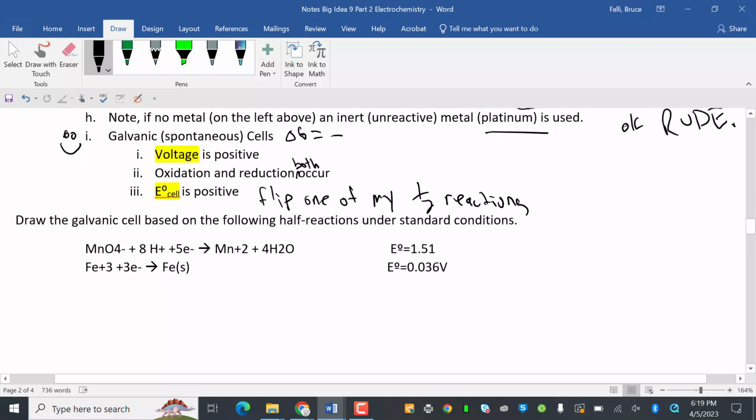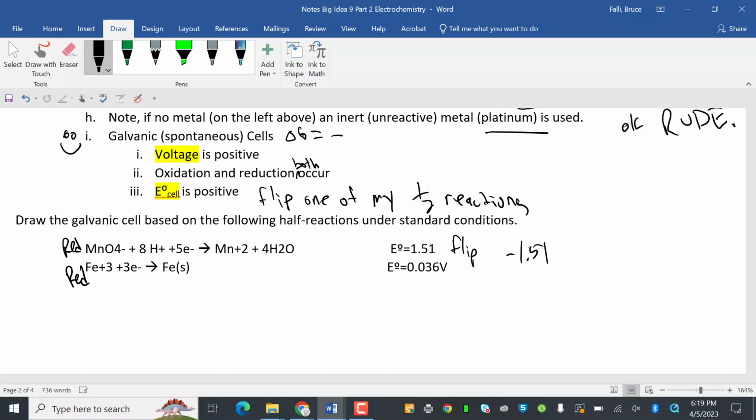Draw the galvanic cell based on the following half reactions under standard conditions. So remember, this is reduction, the way it's written. I need to have one reduction and one oxidation, so one of these has to flip. If I was a fool and flipped this one, I would have negative 1.51 plus 0.036, and it would be a negative answer. No, I'm not that foolish.